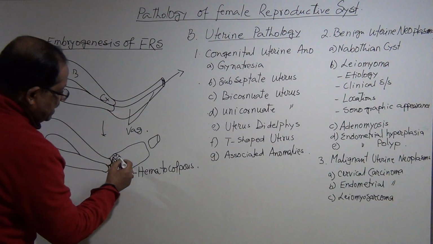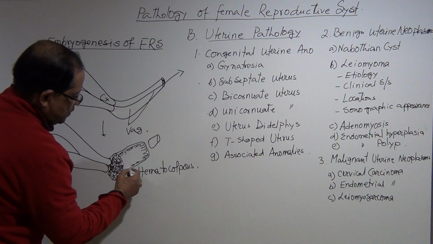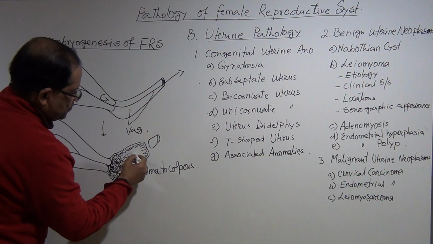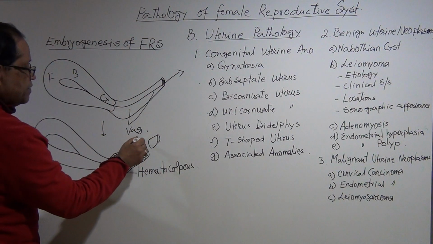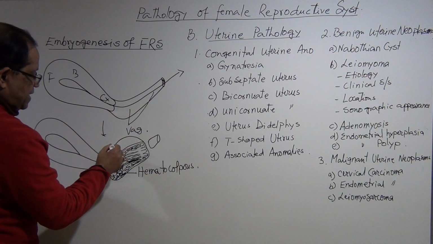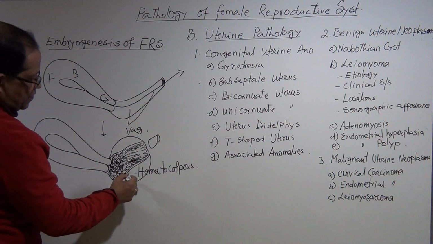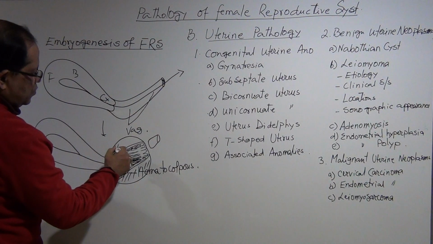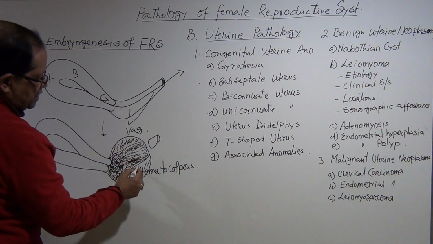So then what is going to happen? This will be filled with blood, hematocolpos, and eventually it will be filled like this. These are all blood. What blood is it? It is the menstrual blood, okay? It couldn't come out.